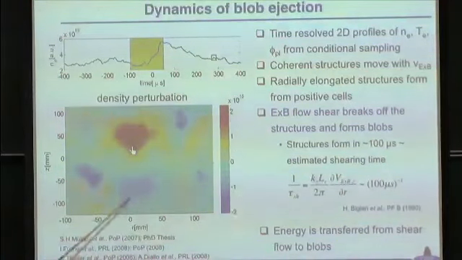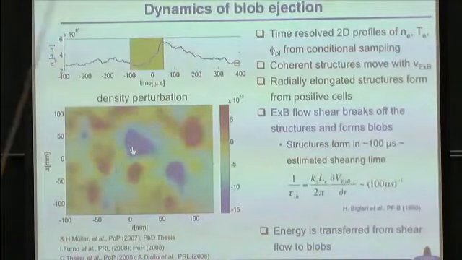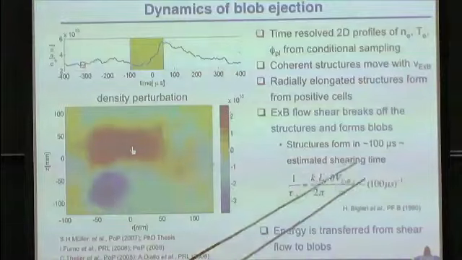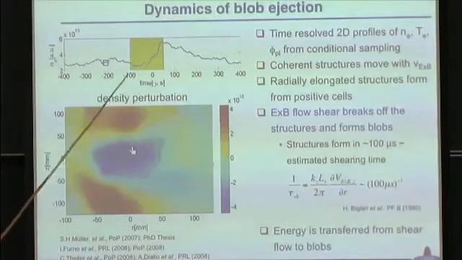These coherent structures that move with V cross B, but there's shear in E cross B again, which shears them off. How long does it take for them to be sheared off? Well, it takes about 100 microseconds. You can even see here, this is 100 microsecond time scale.